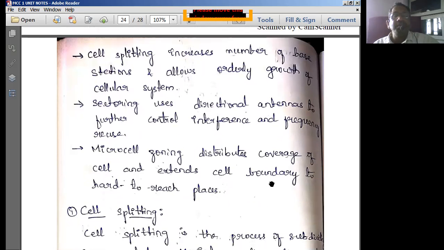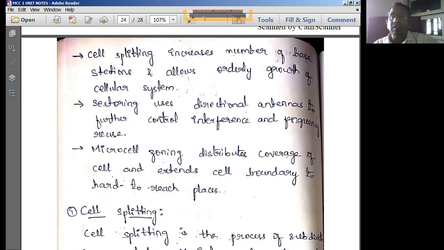Next concept is sectoring. Sectoring uses directional antennas to further control interference and frequency reuse. Now the problem here is that as you increase the number of base stations, the problem of interference also slowly increases. To avoid the problem of interference, we can go with directional antennas.